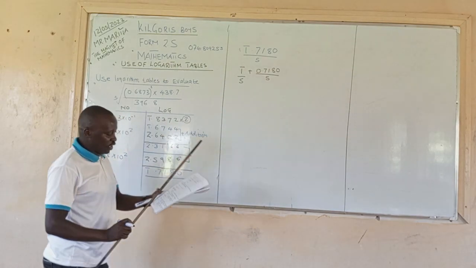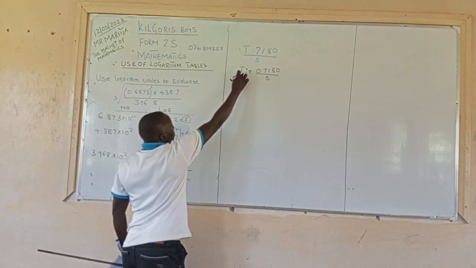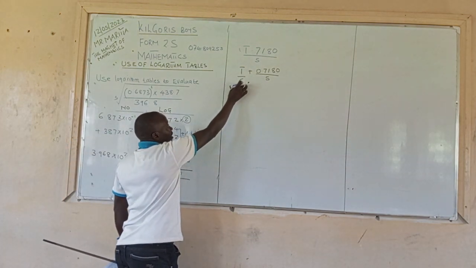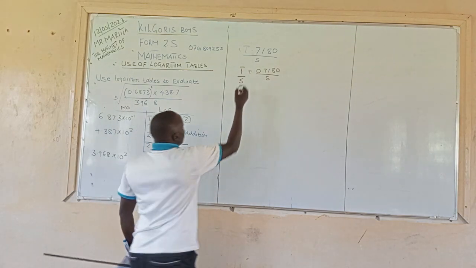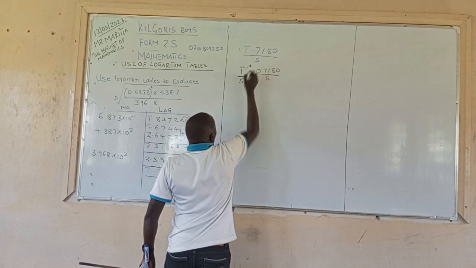What will you do in this case? You subtract a number from here that will make this number divisible by 5 without a remainder. So in this case, we are subtracting 4 from there.